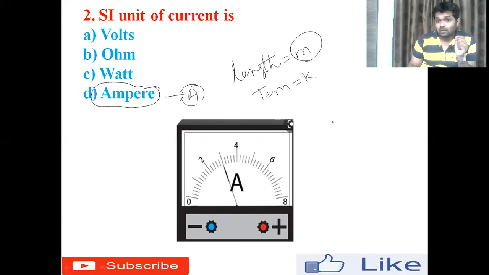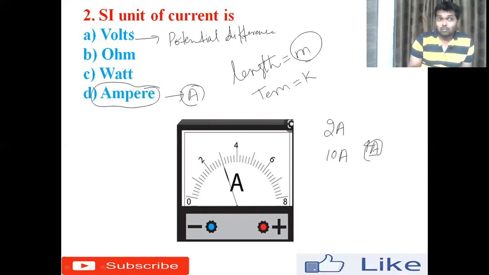Let me say that in a conductor, 2 ampere of current is flowing, 10 ampere current is flowing, 4 ampere current is flowing. So A stands for ampere. Option A is volts. Volts is the unit of potential difference, or voltage is also measured with the unit of volts only.